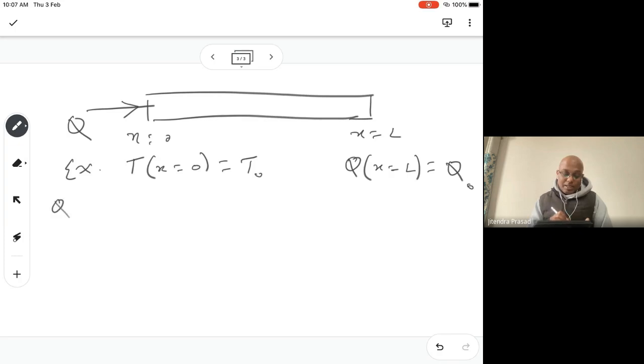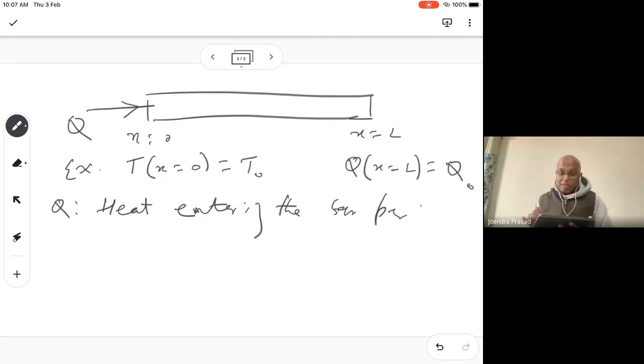Q is energy or heat entering the bar per unit time. So it will be in the form of watts basically.